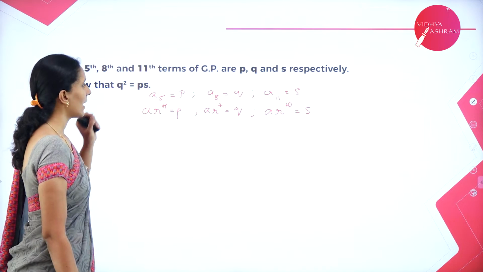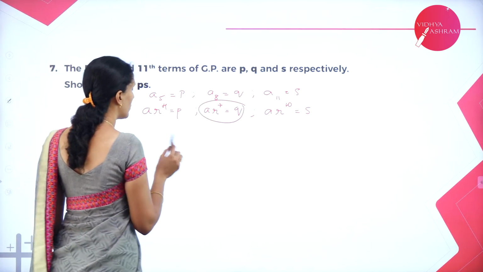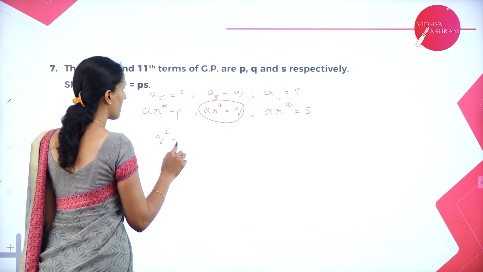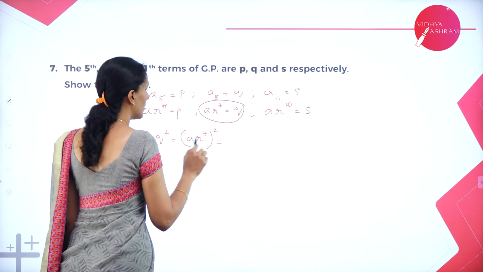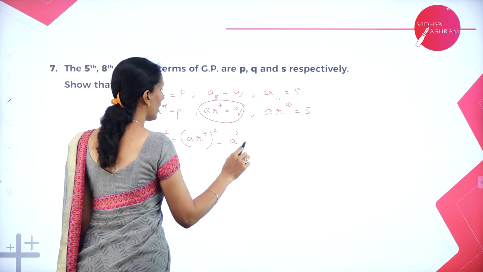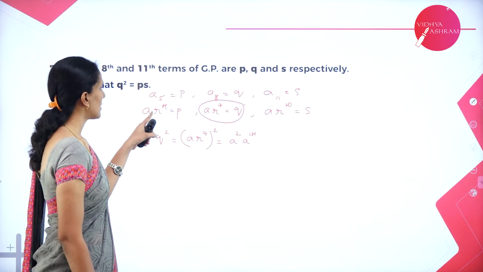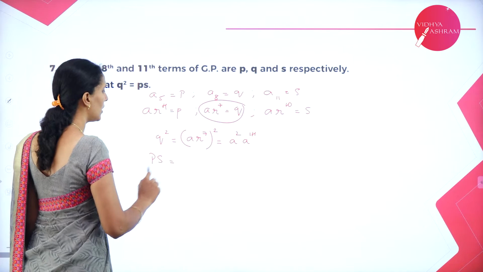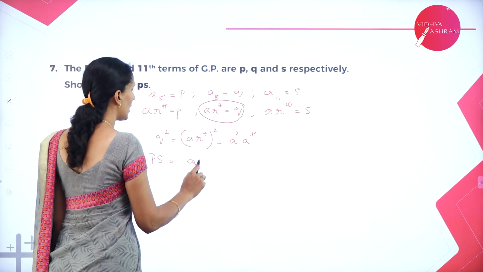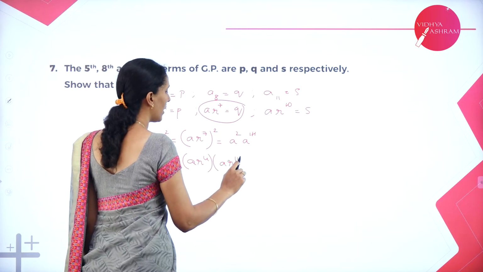Now let's take Q square. So Q square means (a r power 7) whole square. This is nothing but a square r power 14. So we have to take P into S. Let's take P into S. What is P? a r power 4 into a r power 10.